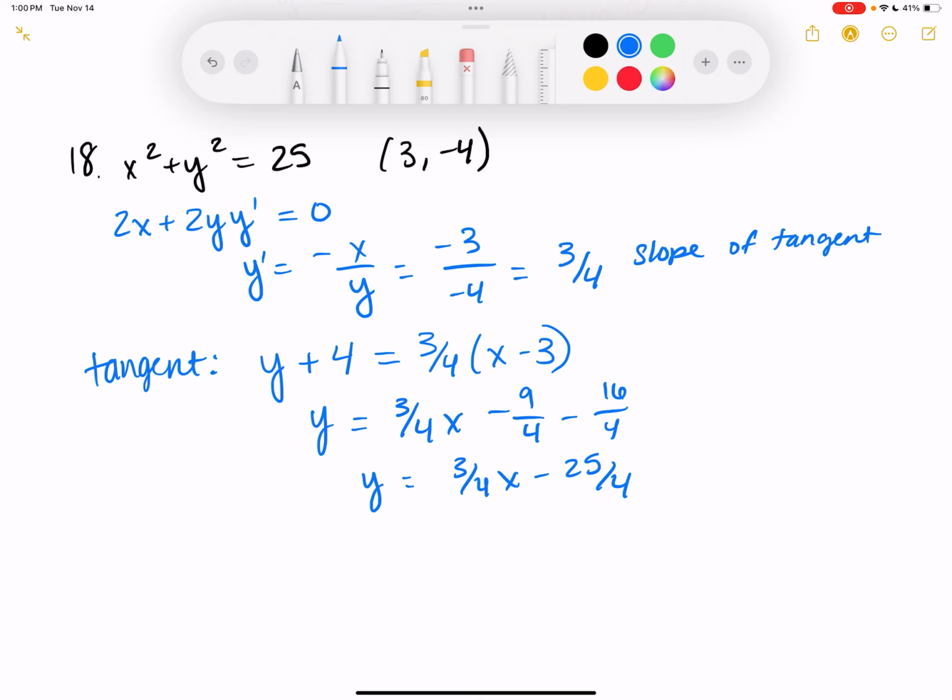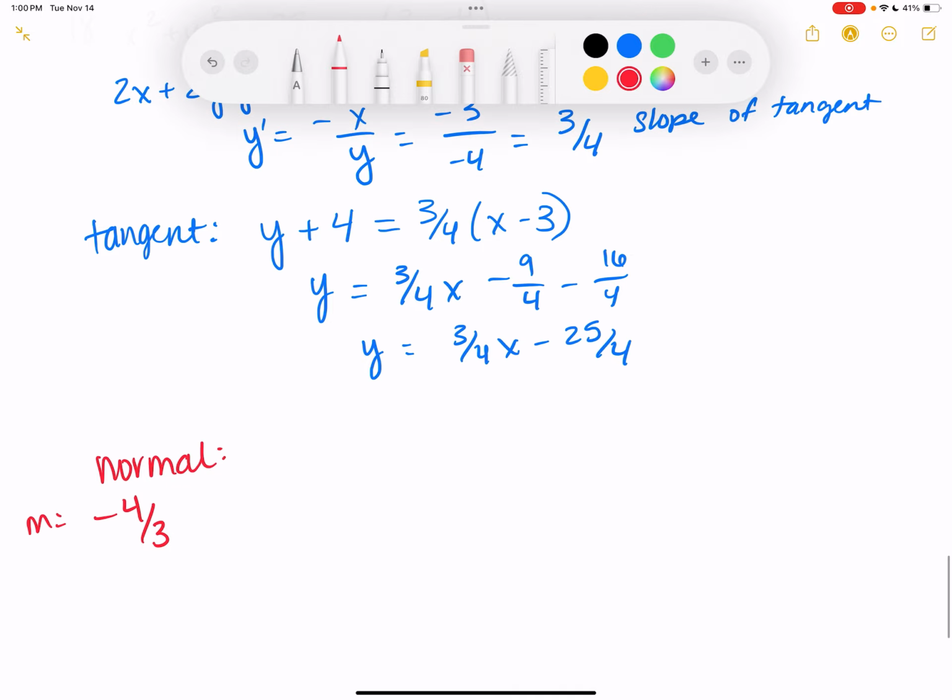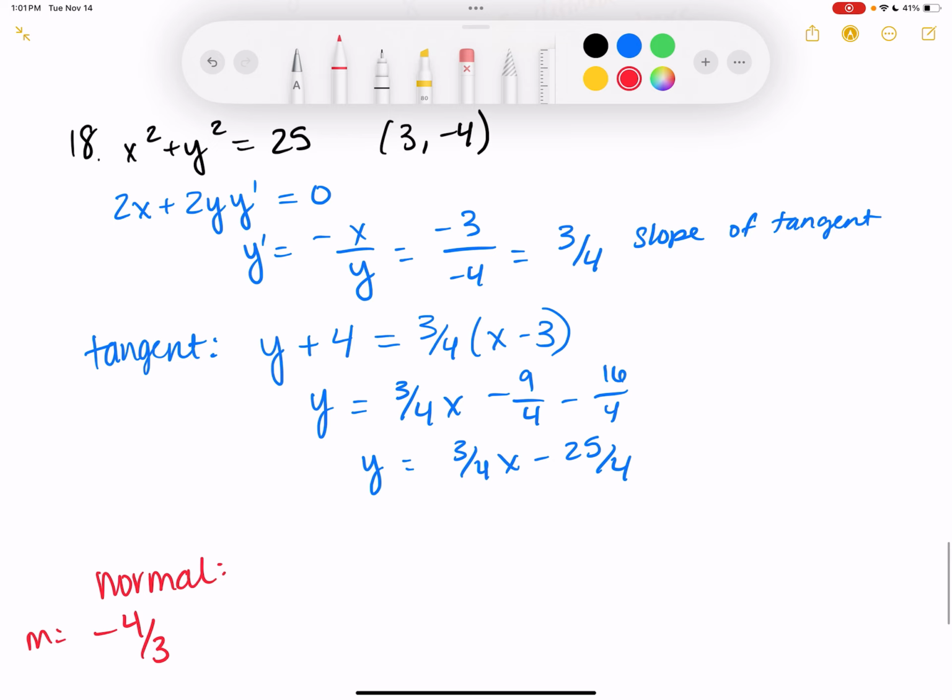All right, so what is the slope of the normal line? Negative 4/3. Yep, so we flip it and change the sign. To set up my normal line, I would have y plus 4 equals negative 4/3 times (x minus 3).